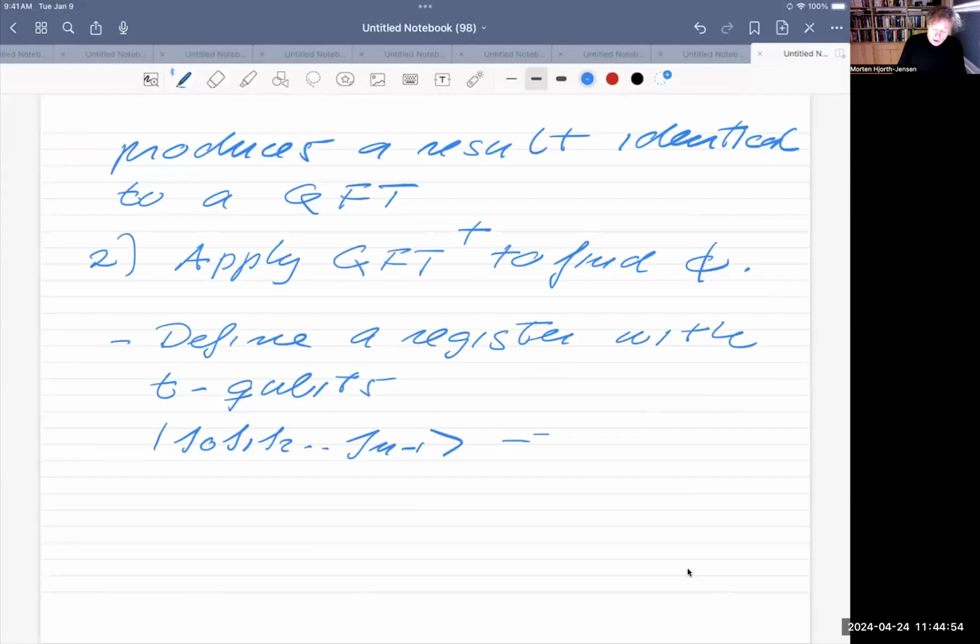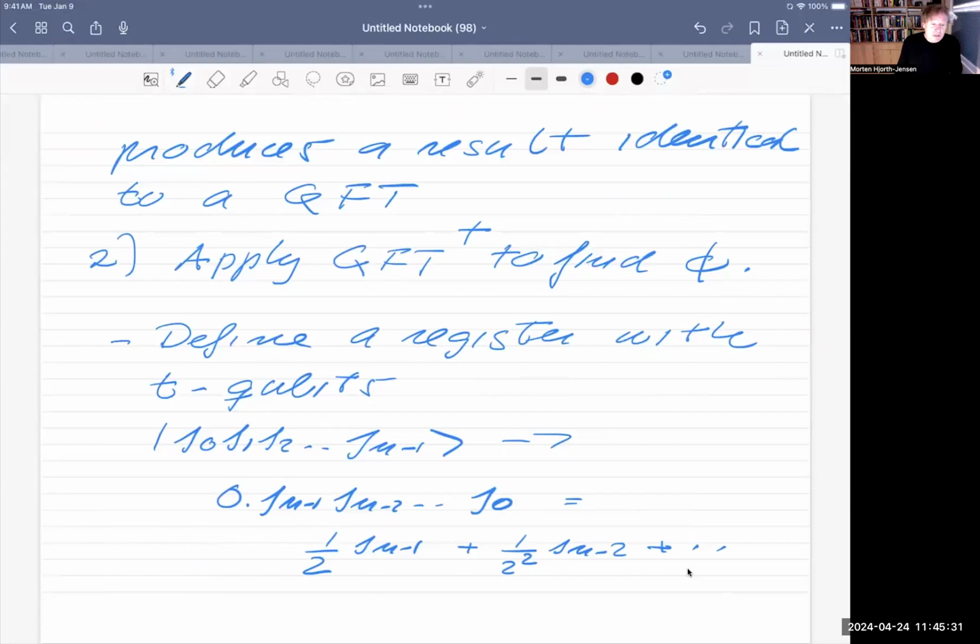This is something which we would encode in terms of a floating binary representation, which means that depending on which one we define as the leading qubit, we would have jn minus 1, jn minus 2, down to j0. And this, as we remember, is given by 1 divided by 2 times jn minus 1, and then we have 1 divided by 2 to the power of 2 of jn minus 2, etc., down to the last qubit. Now, this means that if we have t qubits in this specific case, n, which we have set up here, is going to be equal to t.